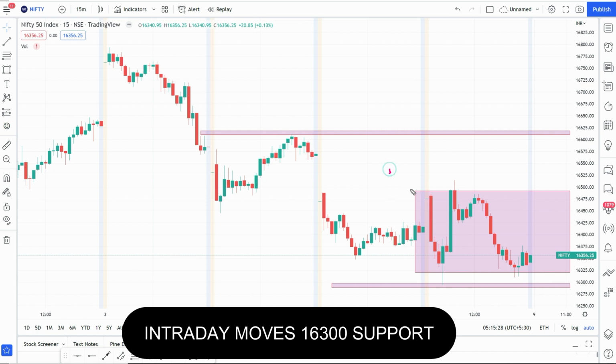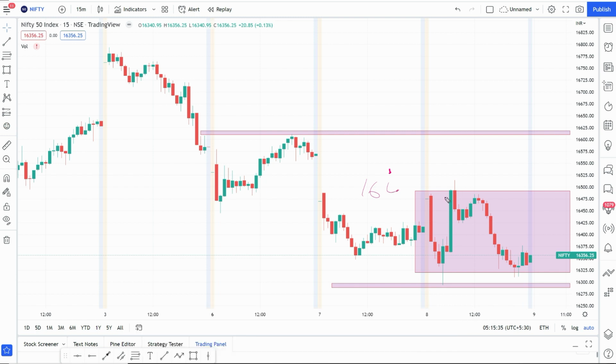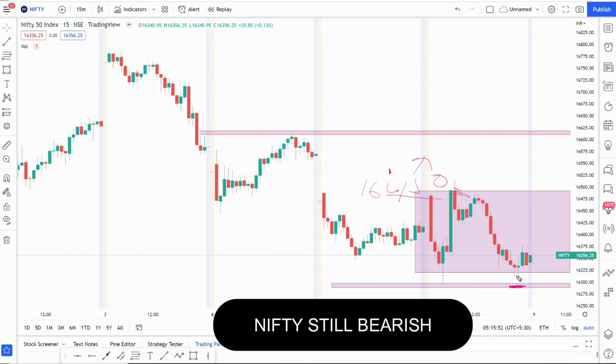On the upper side, if Nifty is able to sustain around 450 levels and above, we can think of going long in Nifty. Otherwise Nifty seems bearish, and this level will be very critical for today. If it breaks again in the intraday today, we can go short in Nifty.